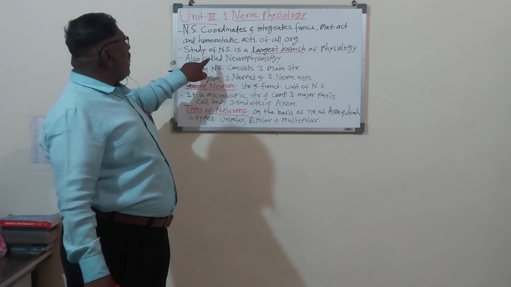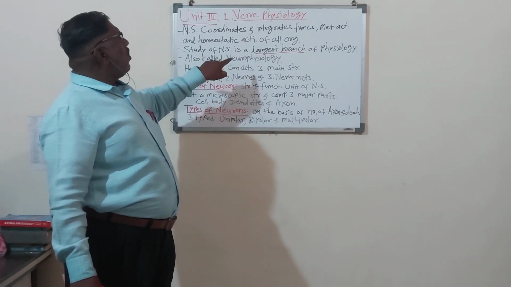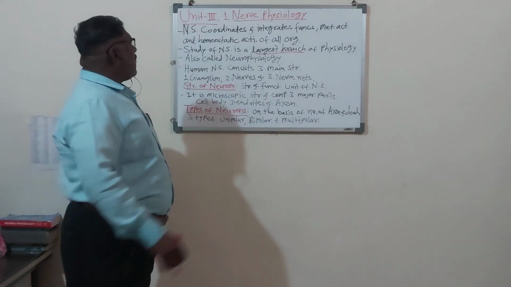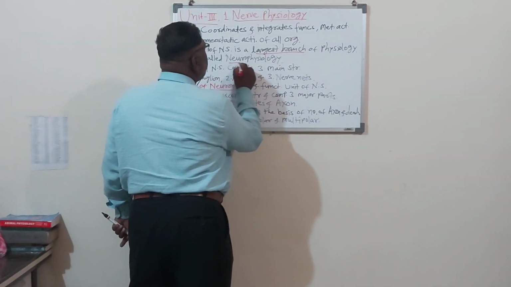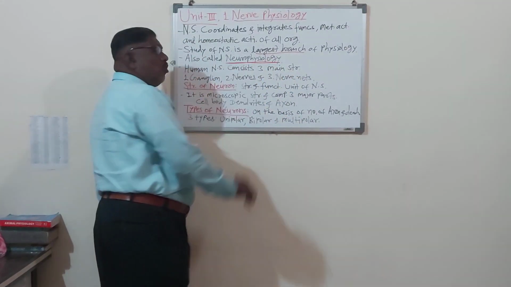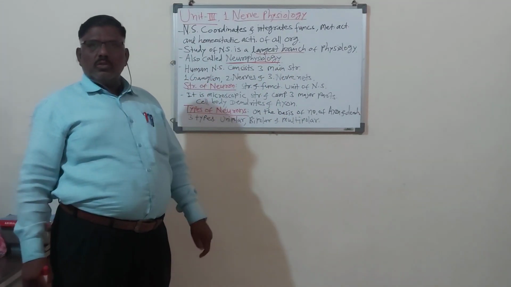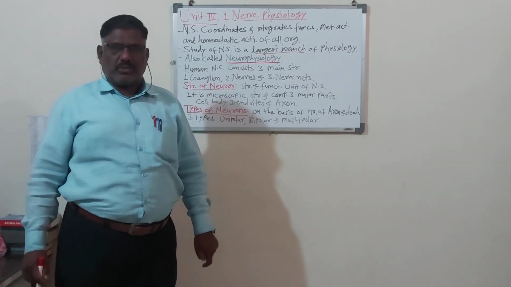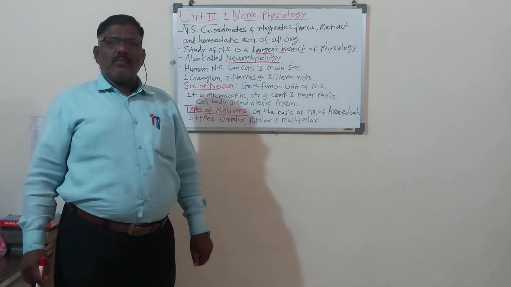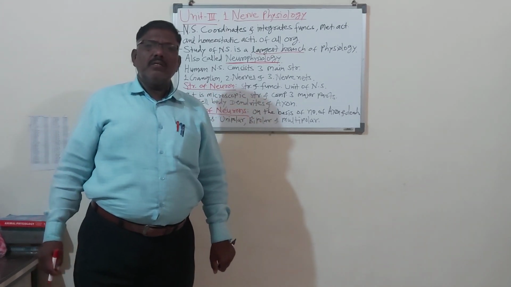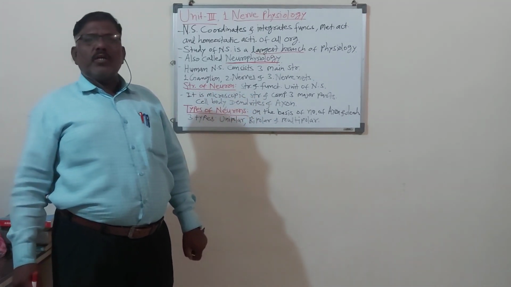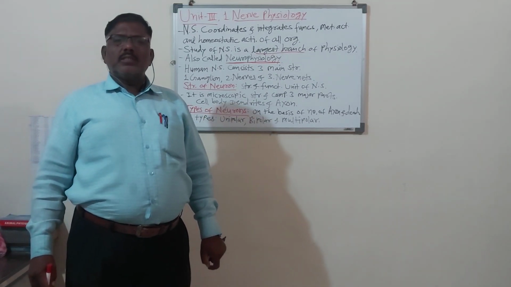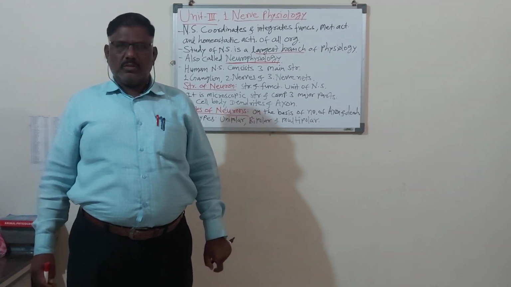Now, this nerve system or nerve physiology is also called neurophysiology. You know the neurologist, a specialization in the field of doctors. Some doctors are neurologists.